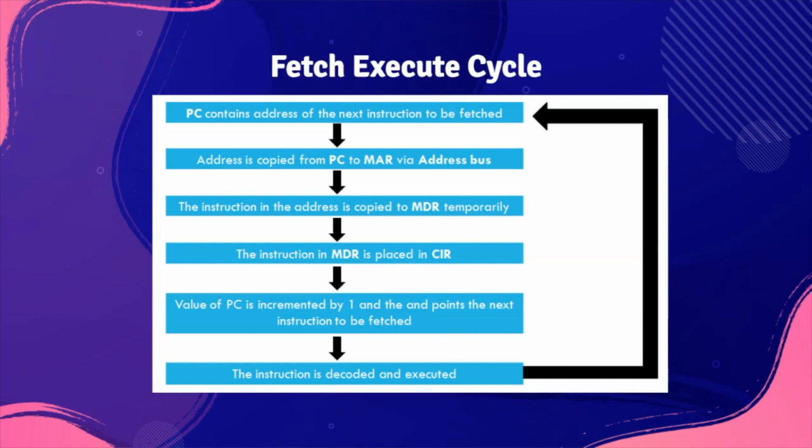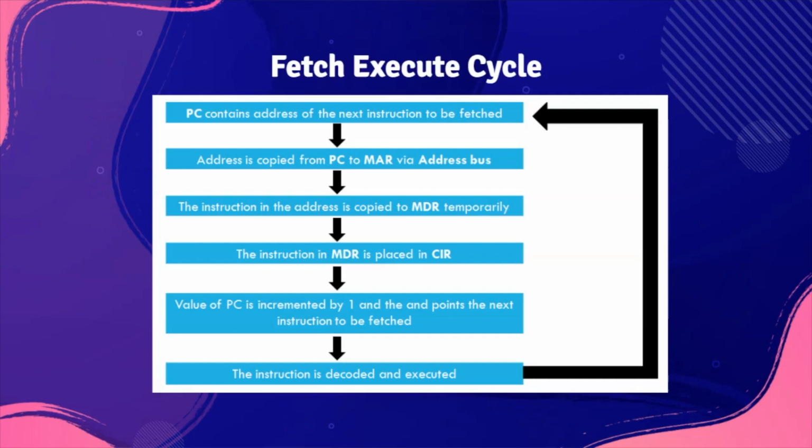First, the program counter PC contains the address of the memory location of the next instruction which has to be fetched. Then, the address is copied from the PC to the memory address register MAR. This is done using the address bus. The contents (instructions) in the memory location address contained in the MAR are then copied temporarily to the MDR, memory data register.